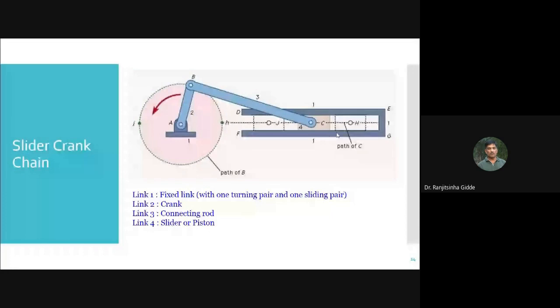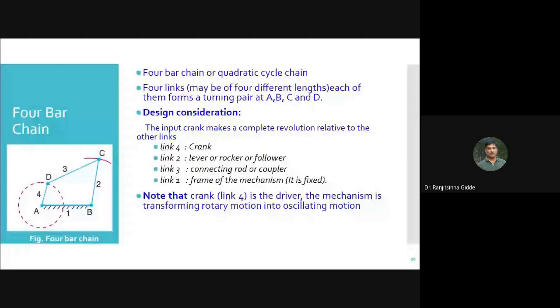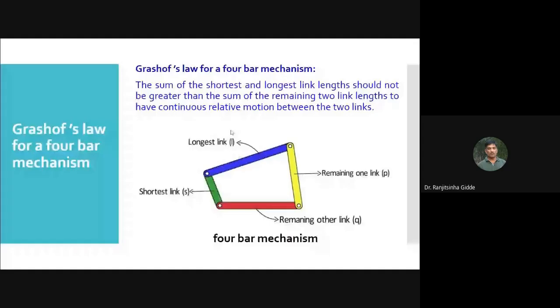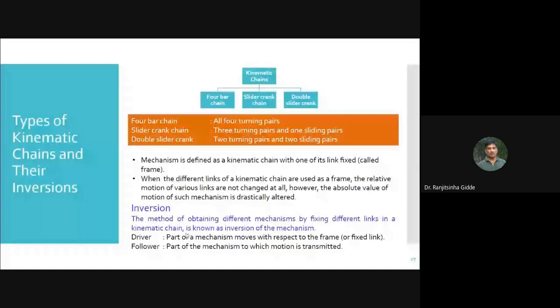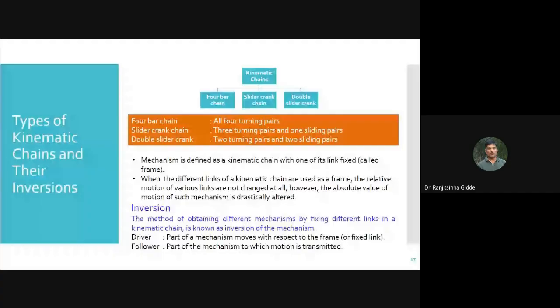Depending upon where input is given, the form of follower and the driver is going to change, right? So what is the inversion? The method of obtaining different mechanisms by fixing different links in a kinematic chain is known as inversion.